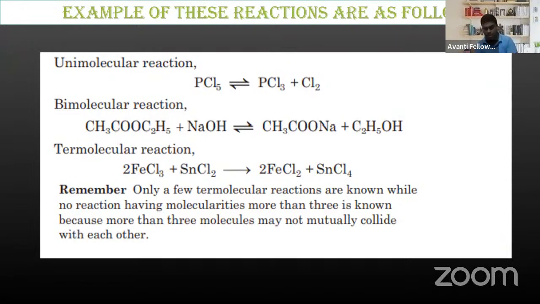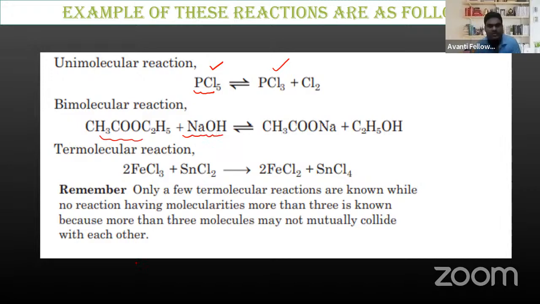An example of a unimolecular reaction is PCl5 dissociating to PCl3 plus Cl2, where only one species is present. This is bimolecular, where CH3COOC2H5 and NaOH both are present. These are bimolecular reactions. Remember this.